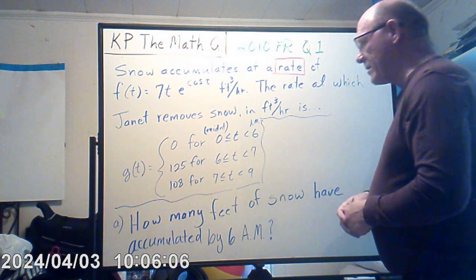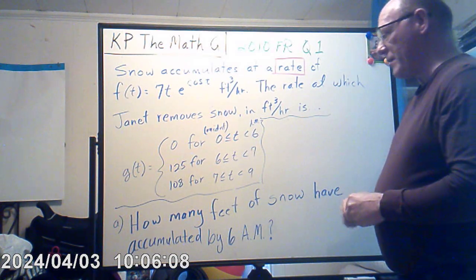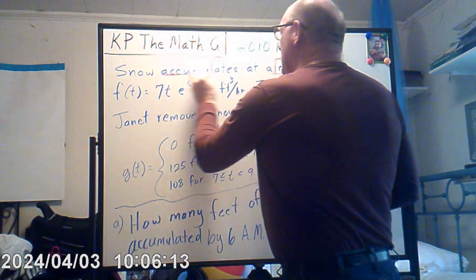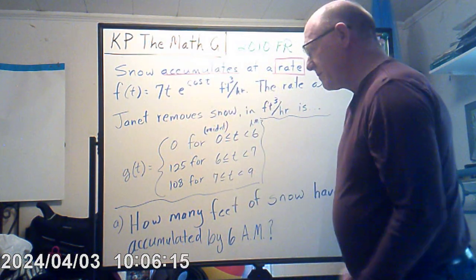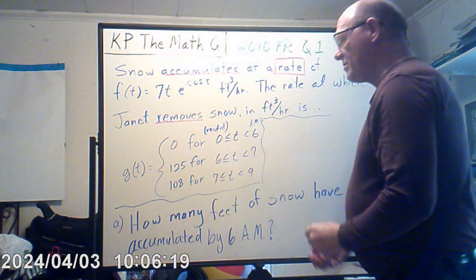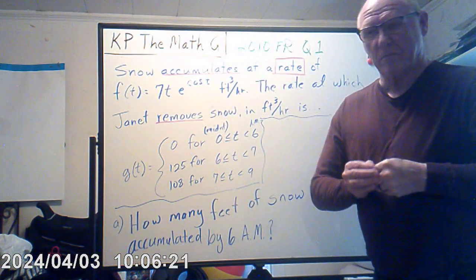The rate at which Janet removes the snow. So you got to understand, this word is accumulates. So snow is coming down. She is trying to remove the snow from her driveway.